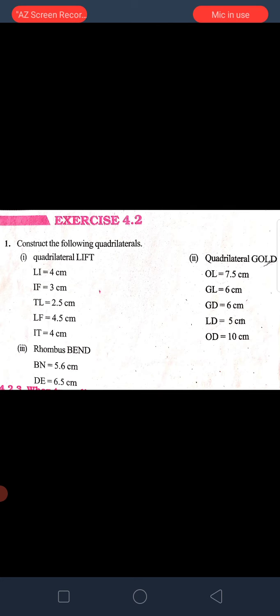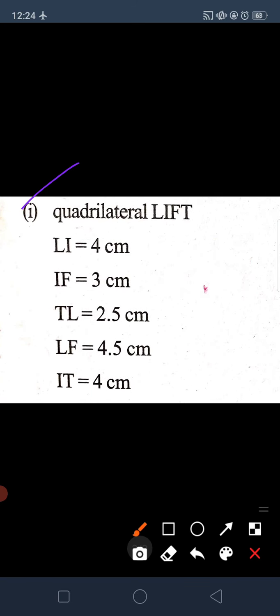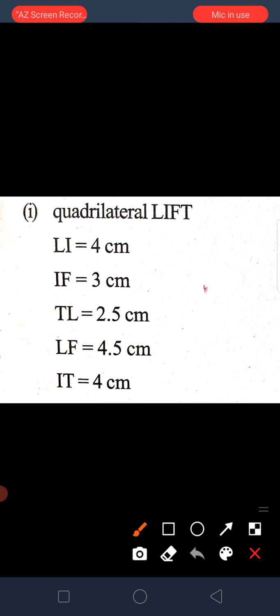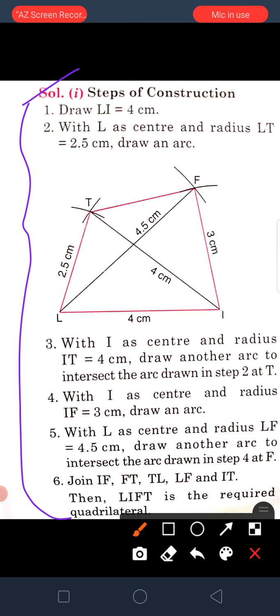So let's start to construct it. Practically I explain. First, the quadrilateral LIFT, with all its values given. Using this data we construct it. I give the steps of construction, how we draw our quadrilateral LIFT, and I explain this construction practically.